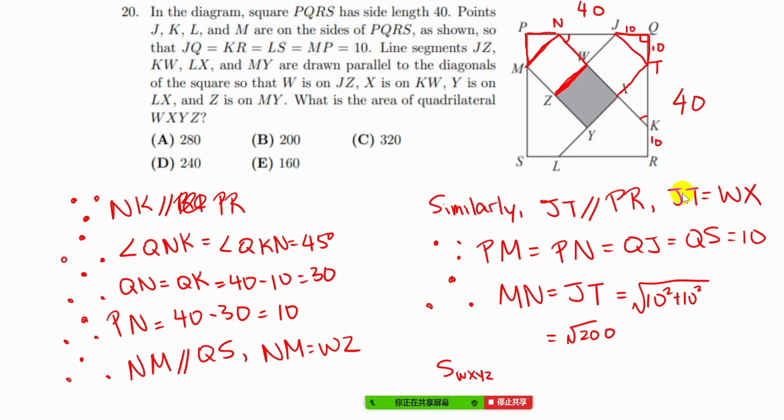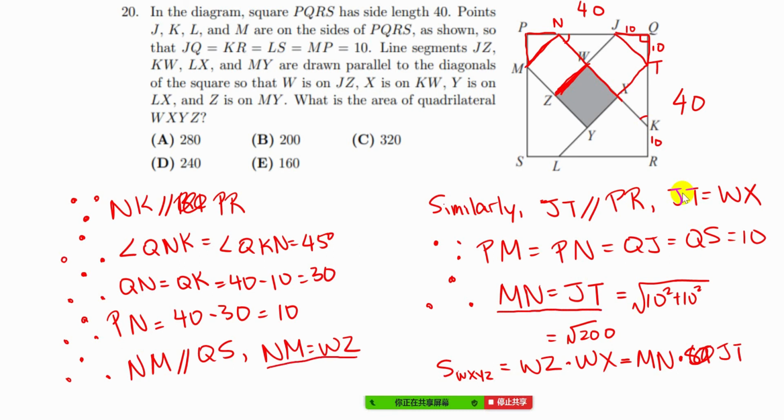And then the area of quadrilateral WXYZ equals WZ times WX, so this side times this side, and this equals MN times JT, because here we proved that MN equals JT, and over here NM equals WZ.